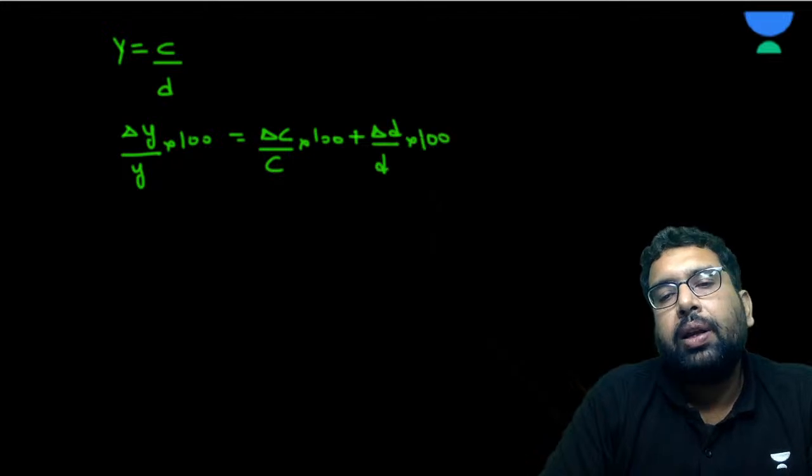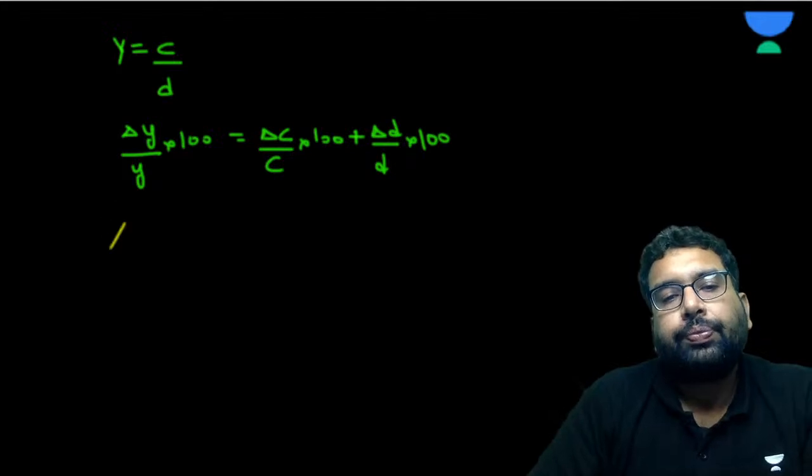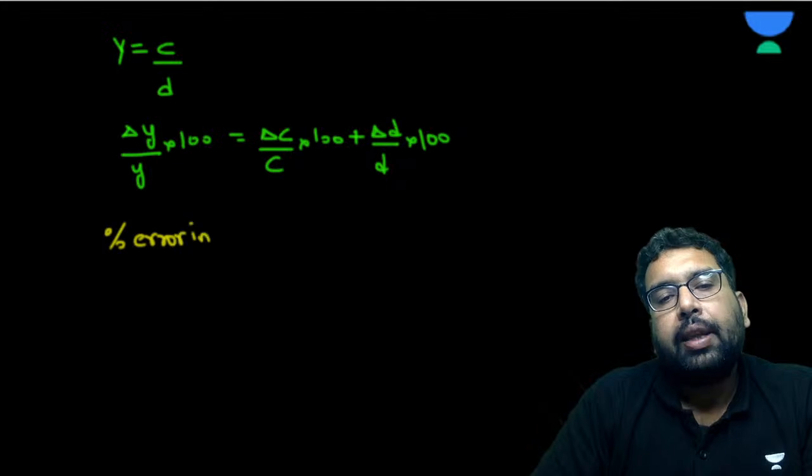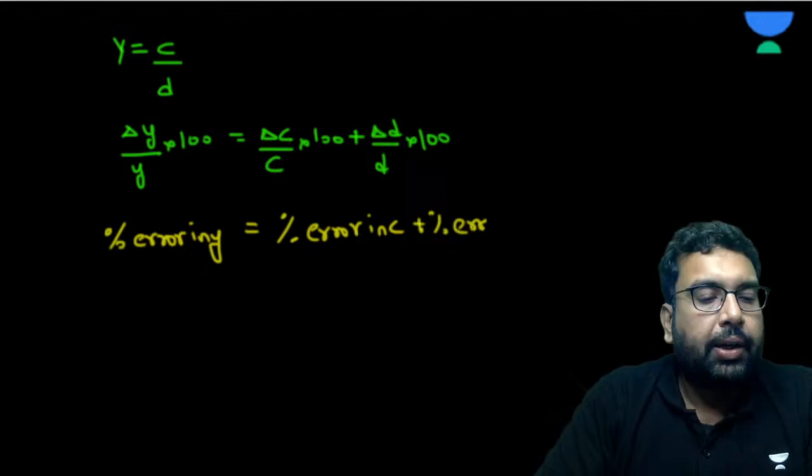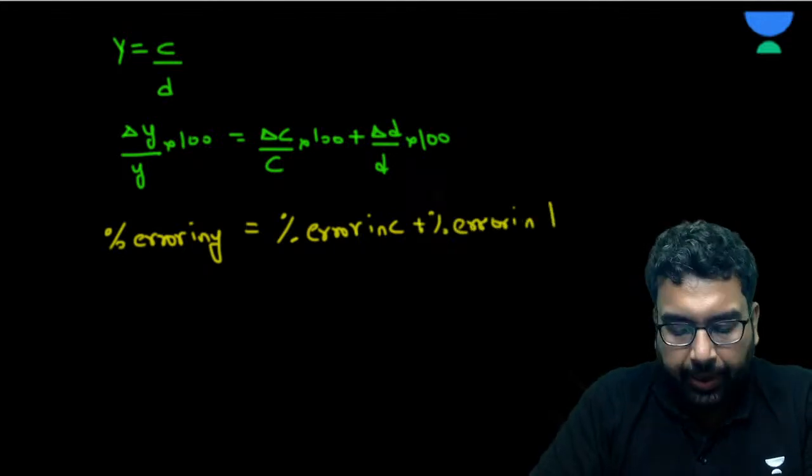So basically we can write the percentage error in y is equal to the percentage error in c plus the percentage error in d. Very, very simple now.